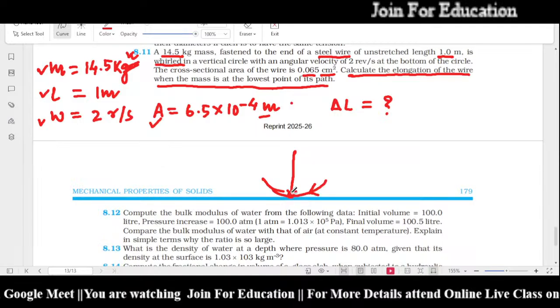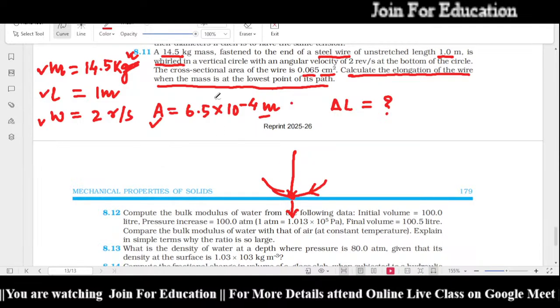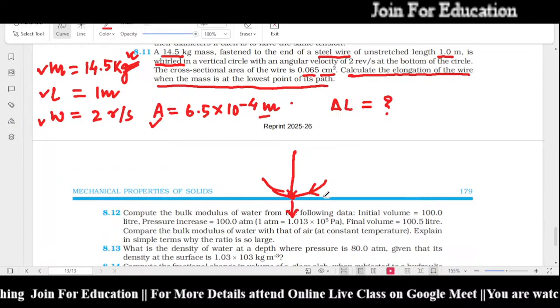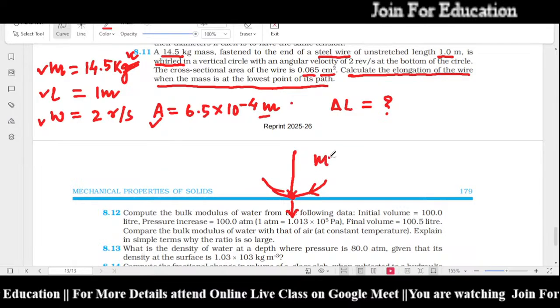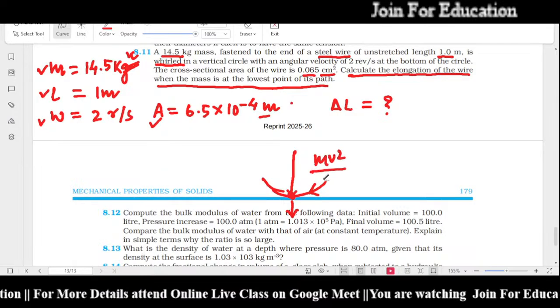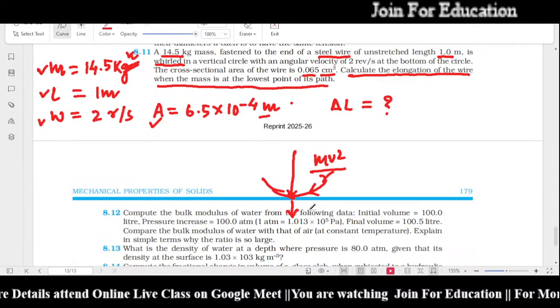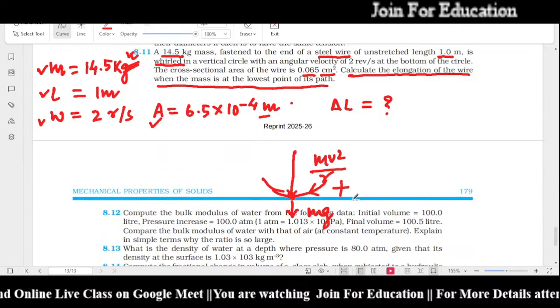At this point the mass experiences a gravitational force as well as the centripetal force. The value of the centripetal force here will be mv square by r and the value of gravitational force will be mg. So the total force will be the addition of these two.